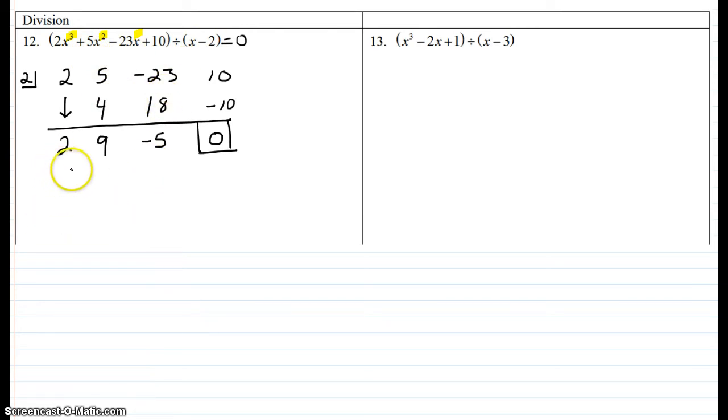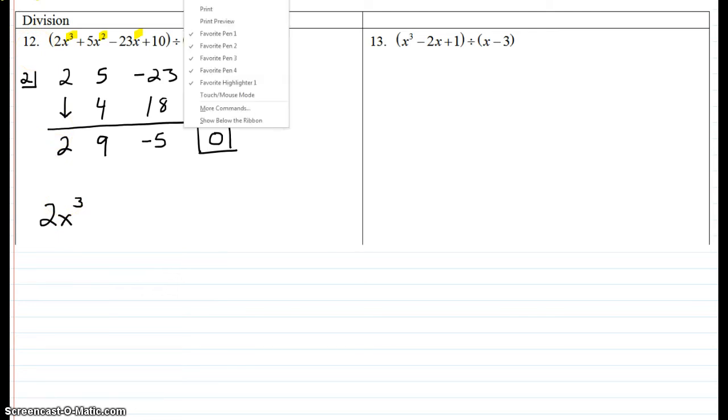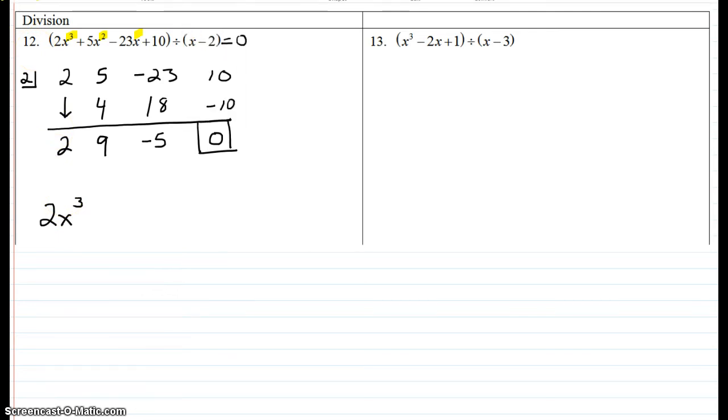And so now as we go to write our answer, the next most common mistake I see is students will write 2x to the third. And that's not correct, because when we're dividing that, we actually go one less than our highest exponent, so it's going to be 2x squared, plus 9x minus 5.